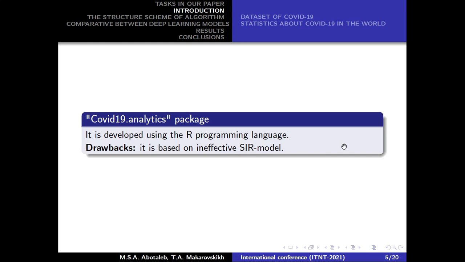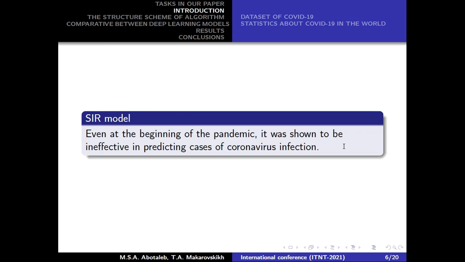The COVID19.analytics package was created using the R programming language, but it has some drawbacks based on ineffective SEIR models. The SEIR model, even in the beginning of the pandemic, was shown to be ineffective in predicting cases of coronavirus.